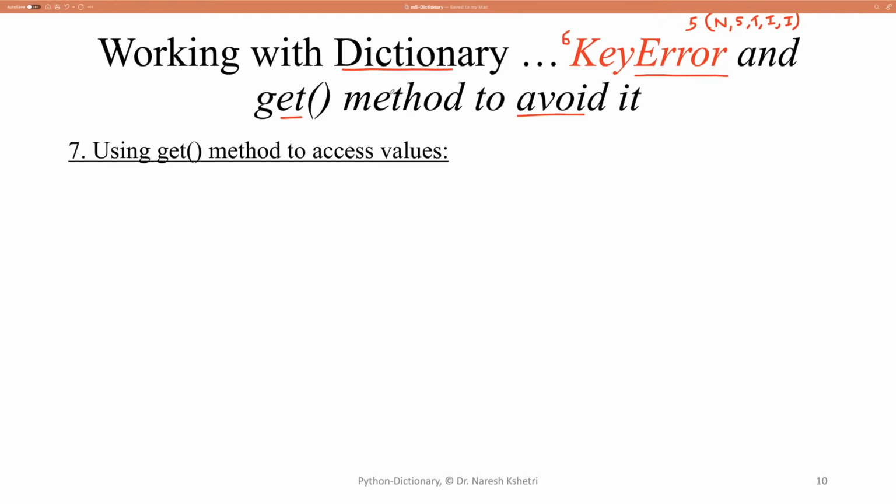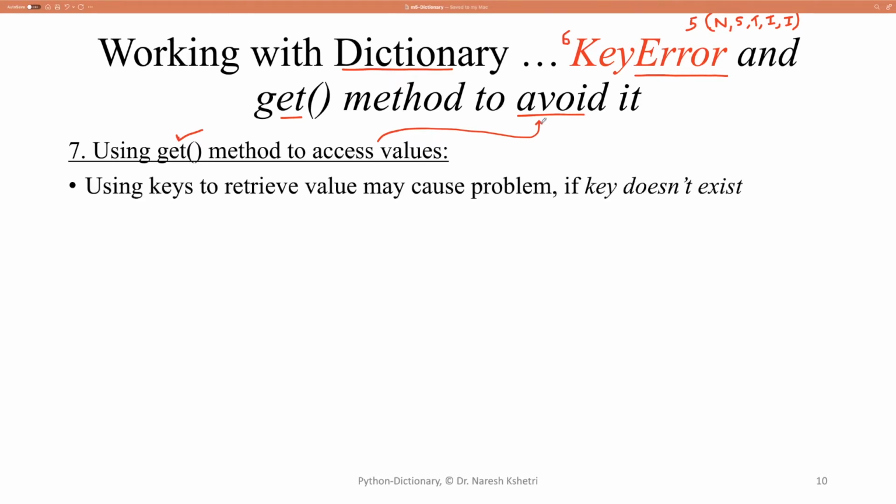So let us quickly first understand the error generation process, how we get the error, and then we will understand the get method to access the value, in order to avoid the error. We use keys to retrieve values, and sometimes it may cause problems.